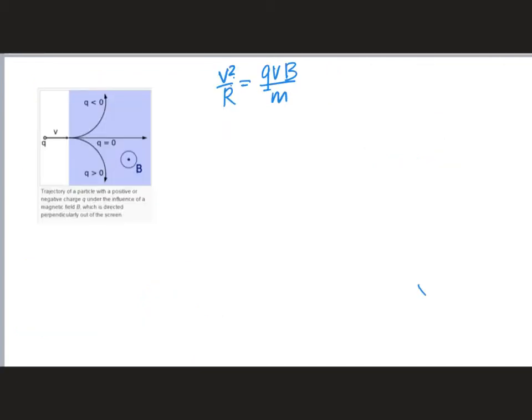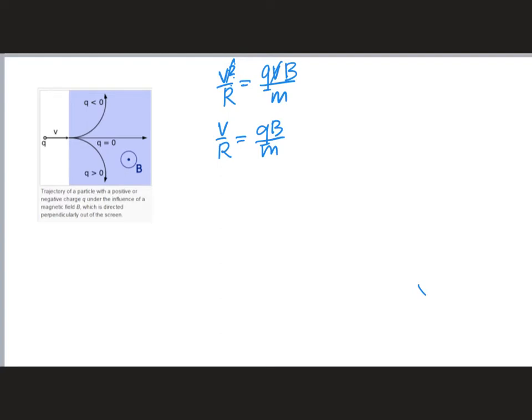So what I want to do now is to solve for the radius of the motion in terms of the other quantities. First thing that you'll notice is that you can cancel one of the v's. So divide both sides by v, and you're left with v over r is equal to qB over m.